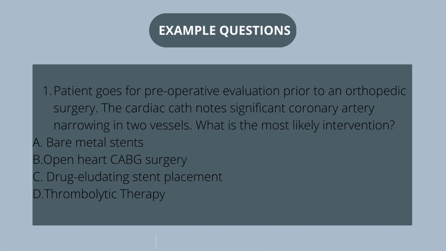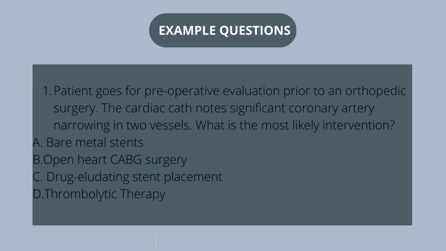So right off the bat, I can knock out open heart CABG. My understanding of this is, if the patient has 3 or more vessels that have significant injury, meaning over 95%, then they would go for open heart surgery, but it's only saying there's narrowing in 2 vessels. And narrowing per se doesn't mean that the vessels are occluded enough for surgery.